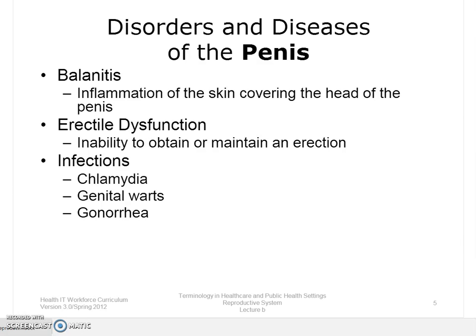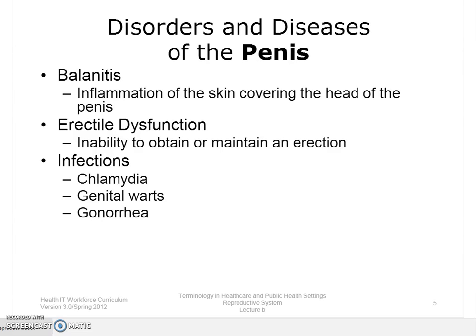One infection of the penis is caused by chlamydia, which is a common bacterial sexually transmitted disease. Symptoms include burning during urination or an abnormal discharge from the penis, but sometimes there are no symptoms. The treatment is antibiotics.